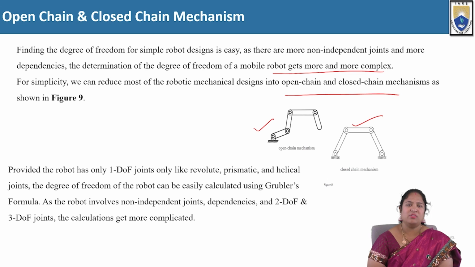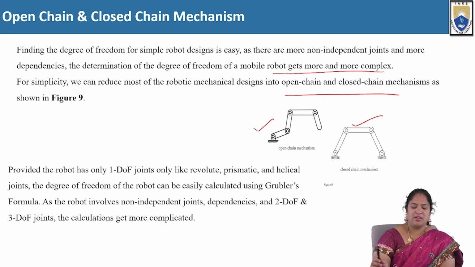We all know that a robot with a 1 degree of freedom joint applies only to revolute, prismatic, and helical joints. The degree of freedom becomes easy using the Grubler formula for that particular type of links. Right? For that particular type of links, the Grubler formula becomes easy.